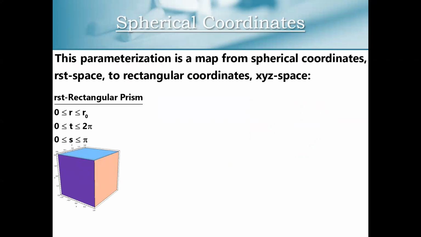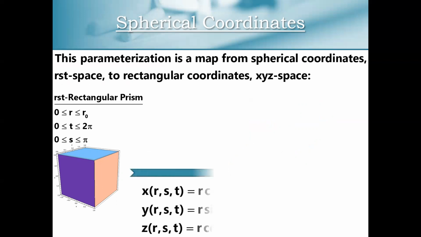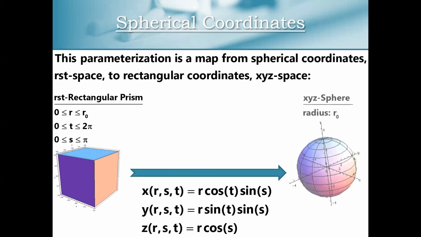All right, so now that we have our parameterization of a sphere, remember that if you can parameterize a region, that's a map between your region and, in 3D space, an RST rectangular prism. So we have just determined a map between a sphere in XYZ space and a rectangular prism in RST space.